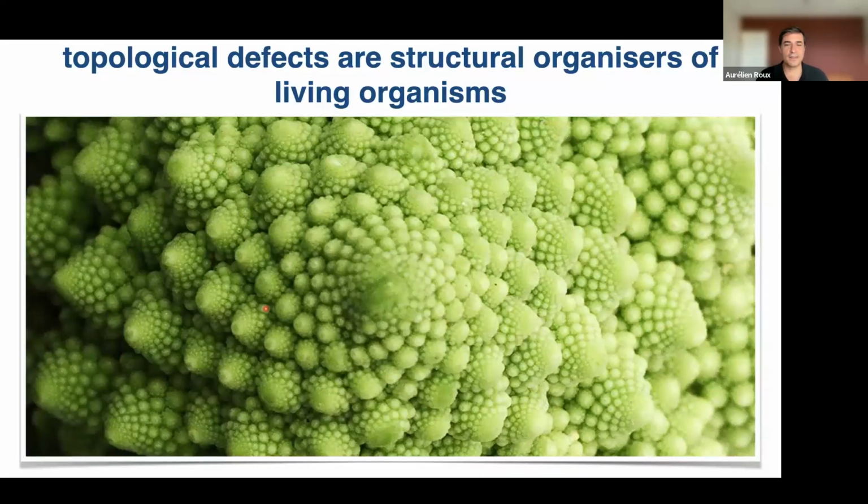So the story starts with something that you most probably have all seen in nature, looking at organisms, whether they're plants, animals, or fungi. Usually the body plan of organisms is composed of order and disorder.